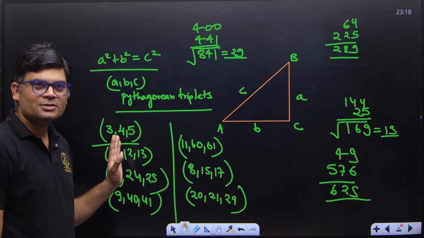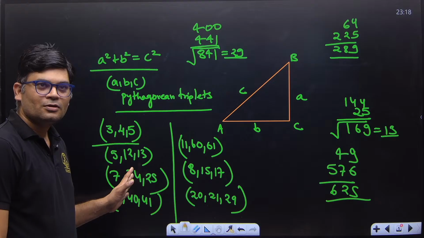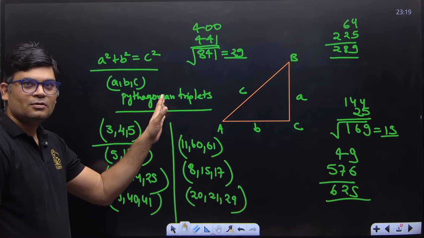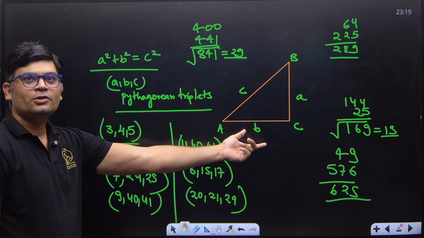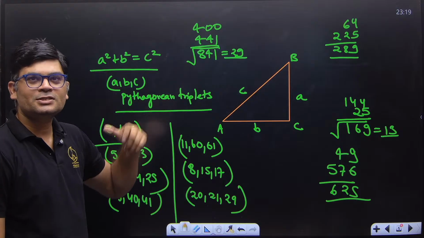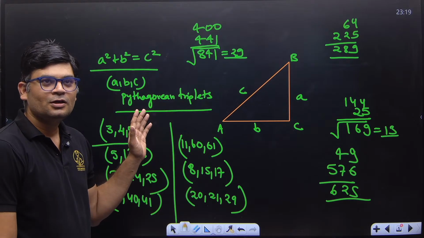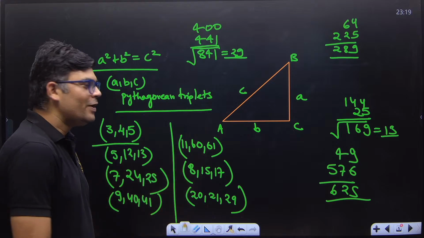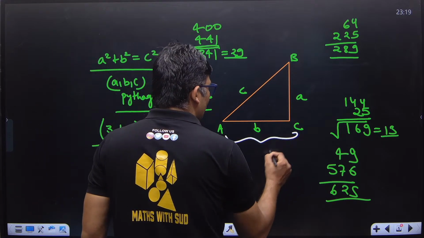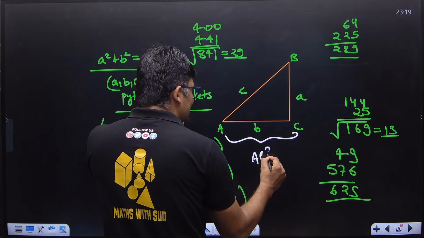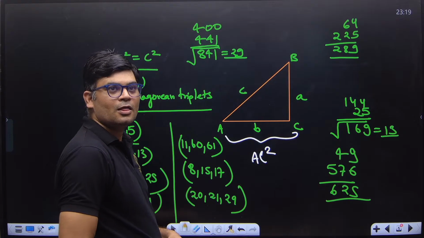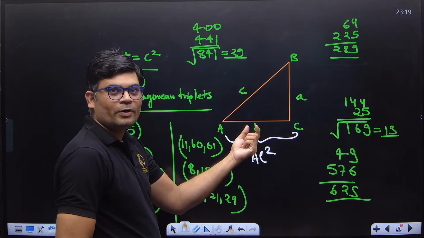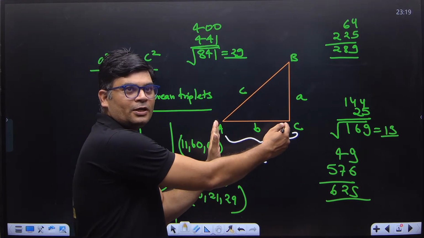You don't know this? You added it together. Pythagoras theorem. You said a square plus b square is c square. You only said that to me. Are you aware of this? Yeah. So if I say what is b square, it is AC square only.